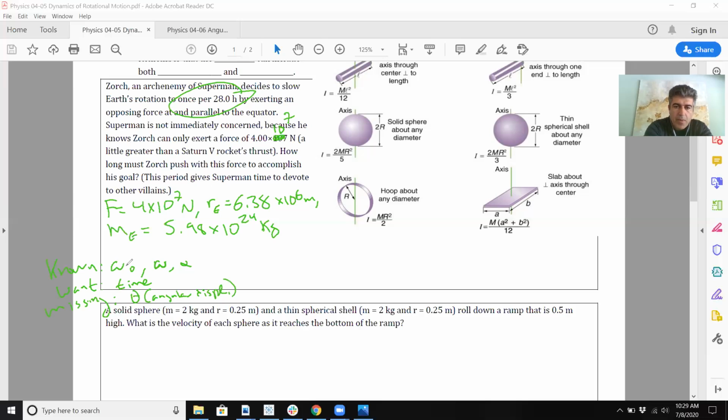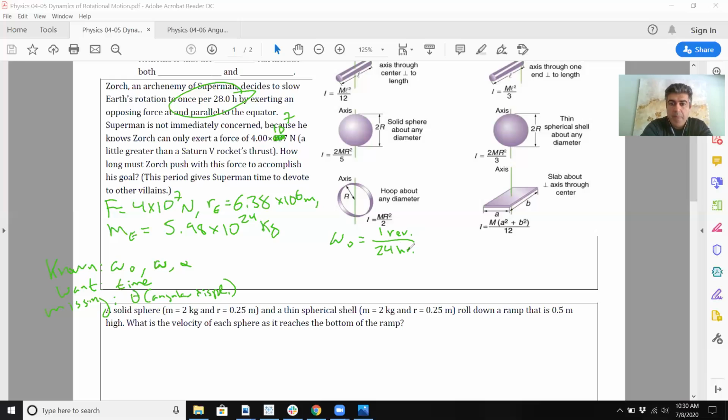Now, do I know the initial angular speed? Of course I do. It's 1 revolution in 24 hours. That's the initial speed of the planet Earth. If I were to put something like this on a test, I think I would break it down by parts. I'd say, what's the initial speed of Earth? 1 revolution per 24 hours.